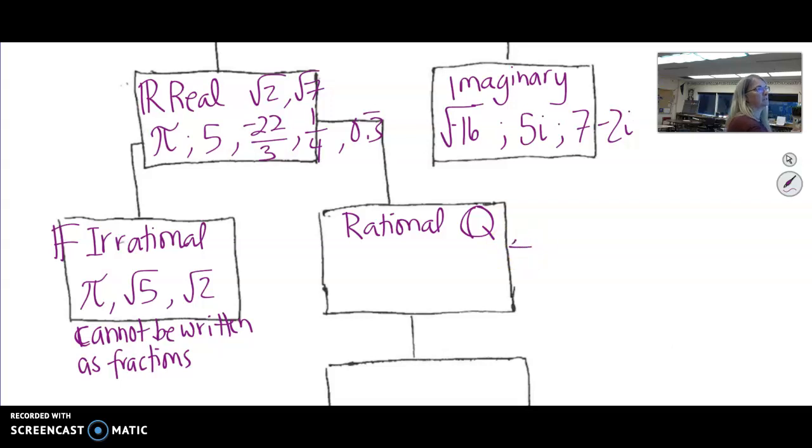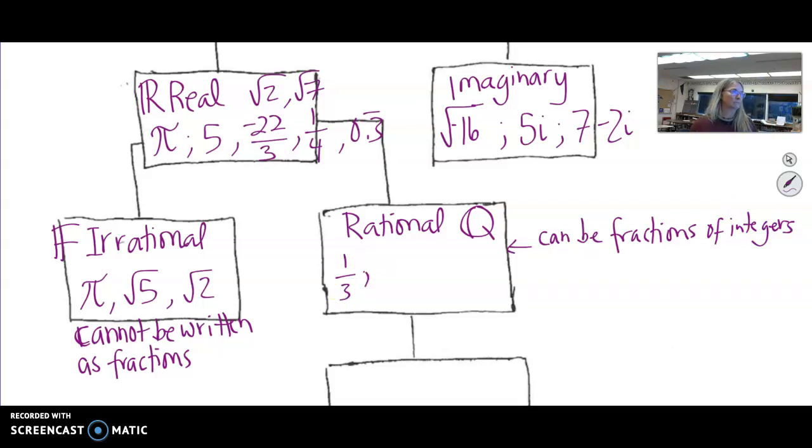Rational numbers can be written as fractions, fractions that involve integers. So like 1/3 is a fraction that involves integers, and we'll talk about what integers are in just a second.